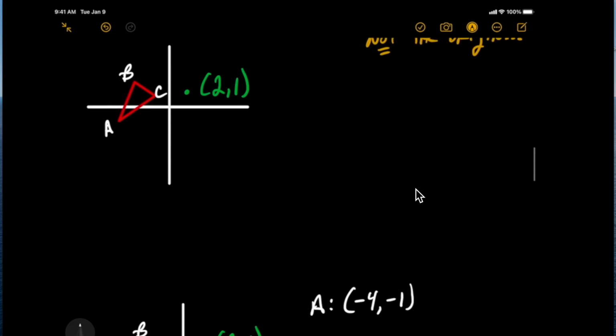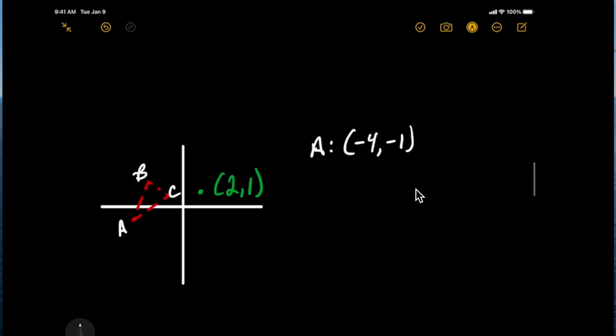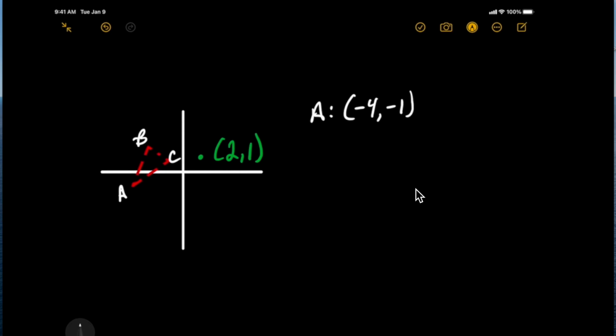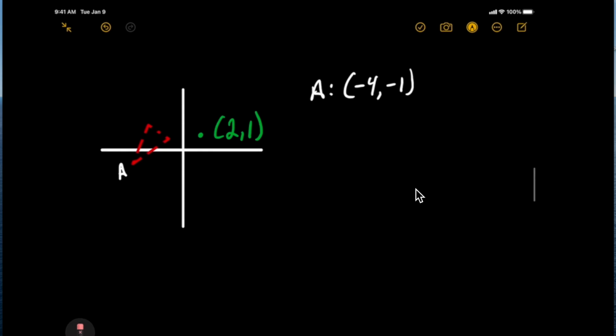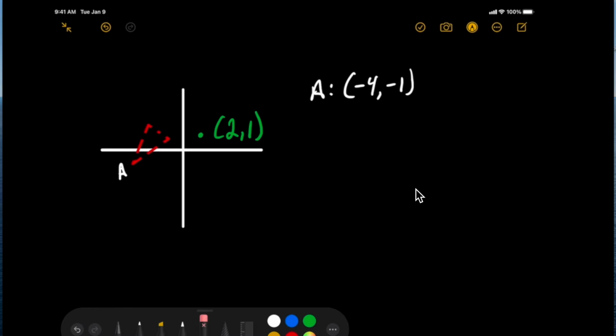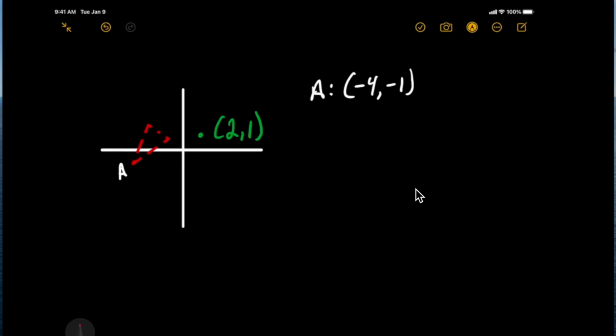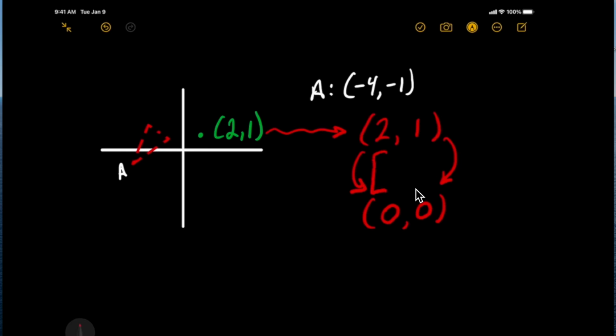Now, in any of these rotation problems, I encourage you to do these one point at a time. So we are now just going to focus on point A, and then we'll come back and do points B and C later on. Okay, so the first thing we recognize, folks, again, is we are not rotating about the origin. So what I like to do is take the point about which we are rotating, and ask myself, if we wanted to rotate around the origin, what would we have to do to this original point in order to get to the origin?